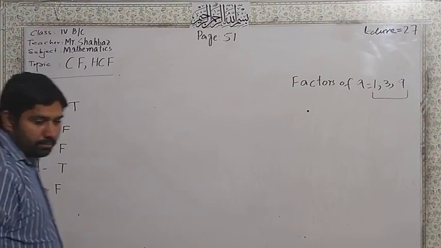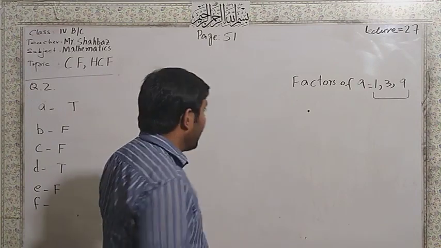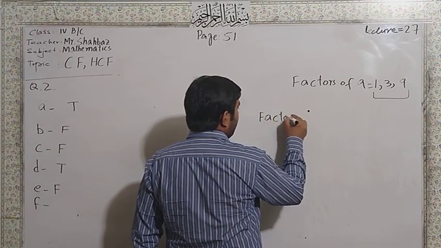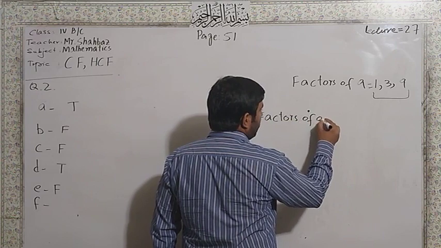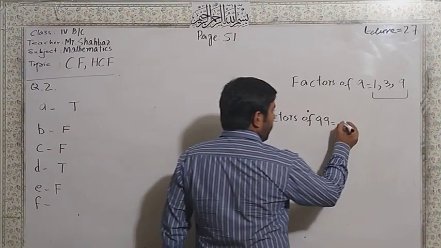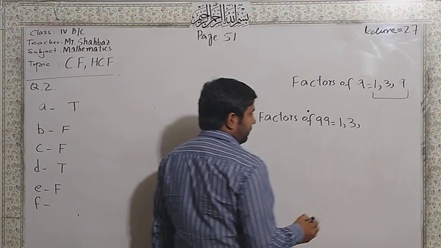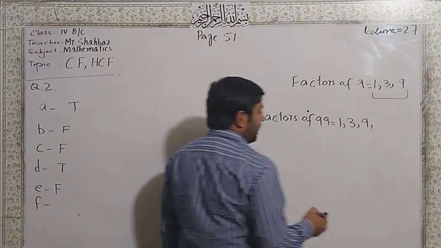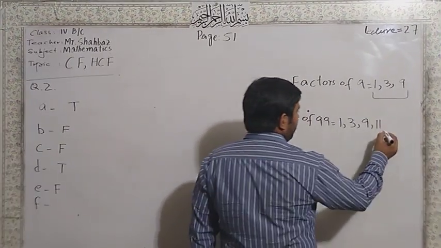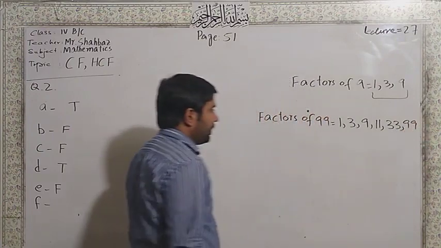Last and final. 9 is not a factor of 99. First of all, we write the factors of 99. 1 99s are 99, 3 33s are 99, 9 11s are 99, 11 9s are 99, 33 3s are 99 and 99 1s are 99.